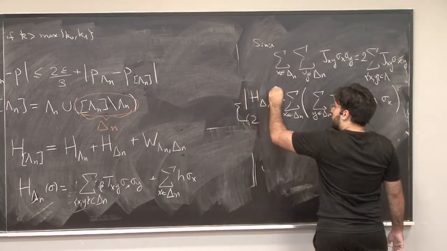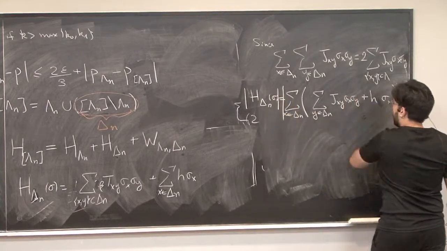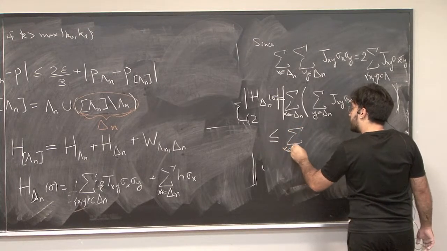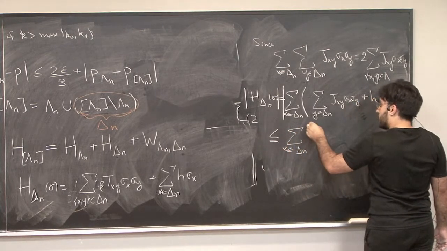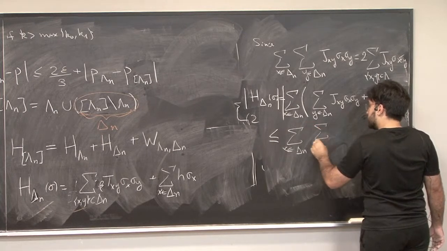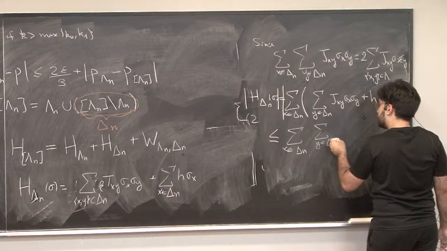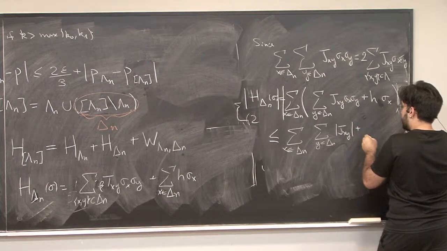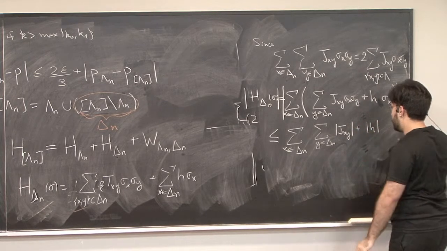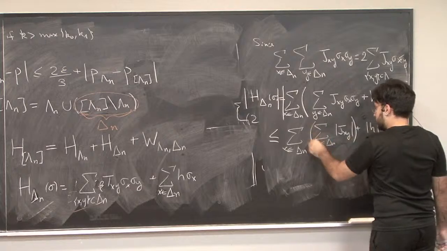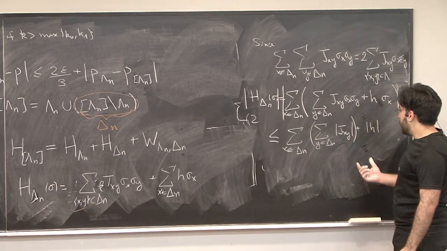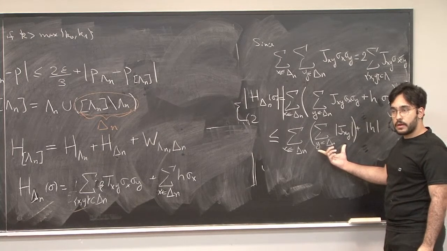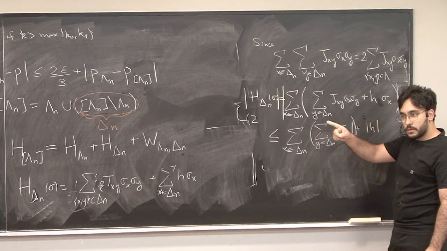So what is the absolute value? I can use that this is less than the sum over x inside delta n times the sum over y inside delta n of the absolute value of J_xy plus h here. And as we saw, this is actually a finite sum because of regularity, as we talked about earlier.